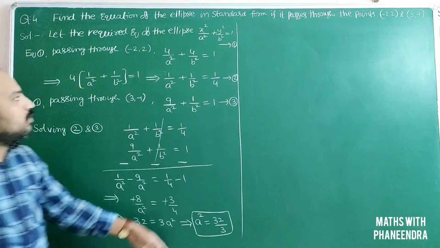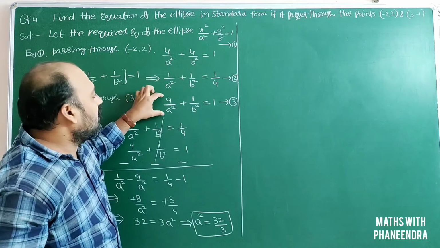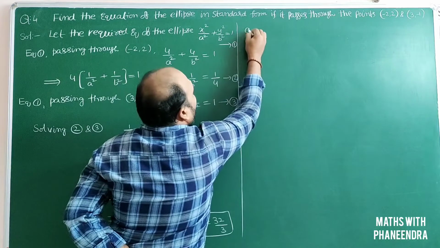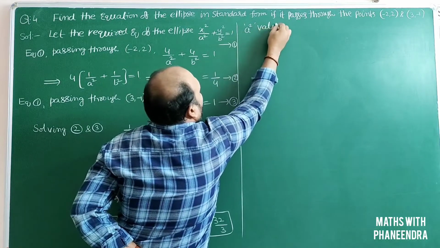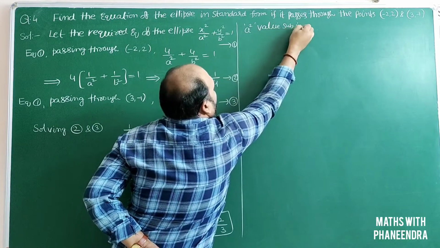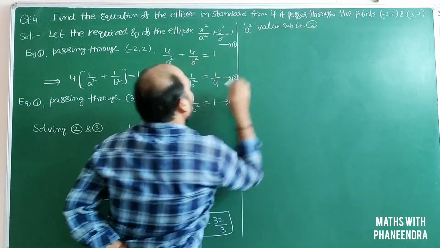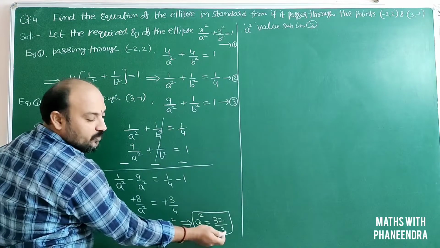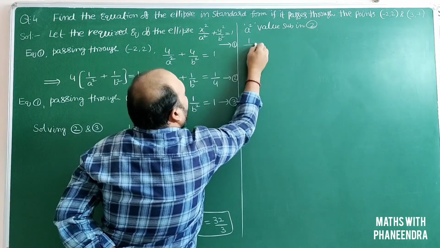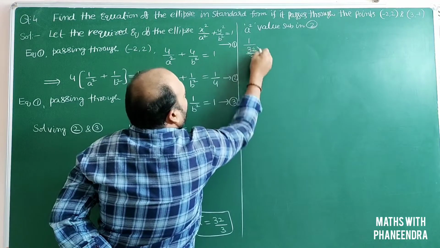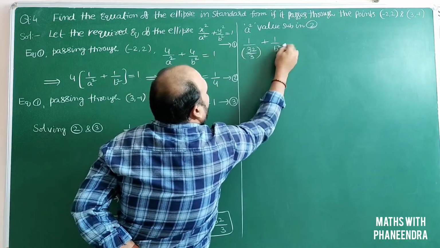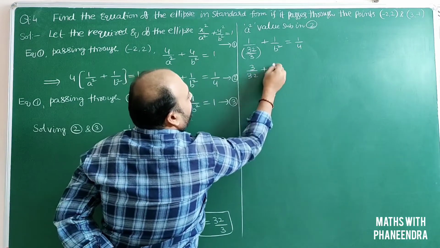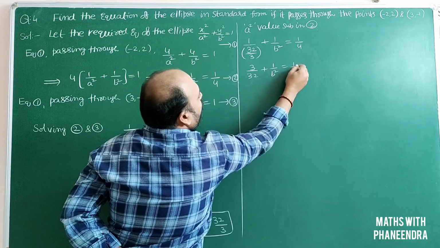So the a square value, substitute in equation 2 or 3. Here substituting in equation 2, with 1 by a square value 32 by 3 now: 1 by 32 by 3, that is 3 by 32, plus 1 by b square is equal to 1 by 4.